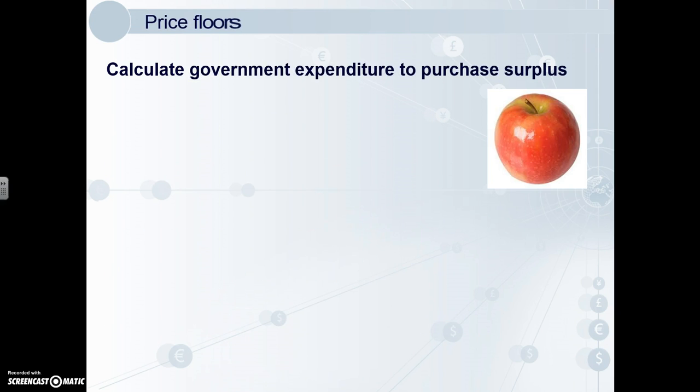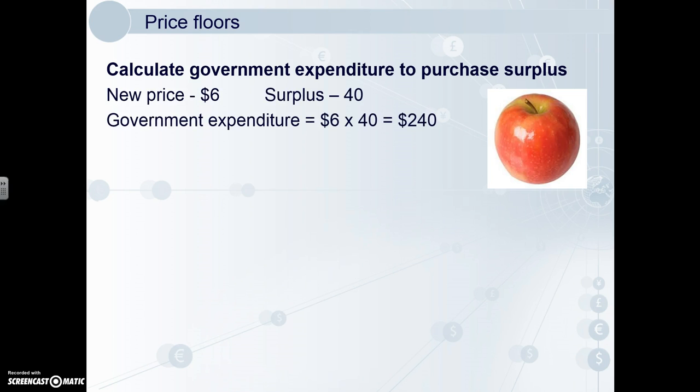Now, an important thing to remember is that when there's a surplus due to a price floor, the government needs to step in and buy this surplus. So the government expenditure is just the price floor times the surplus. The price floor is $6, the surplus is 40, therefore the government has to buy 40 kilos of apples at $6 each, which means it's $240 that the government spends.